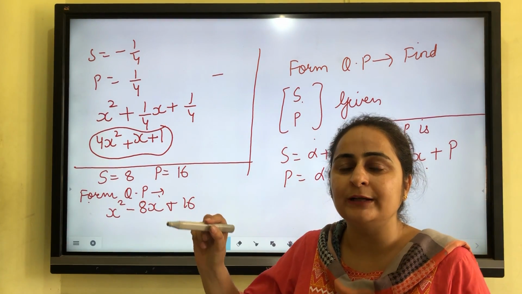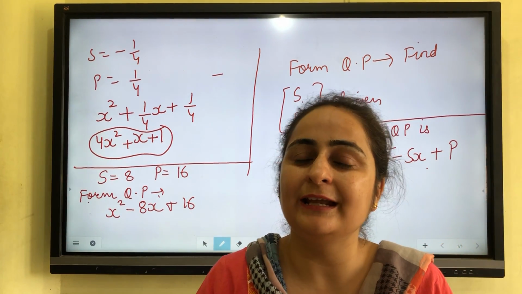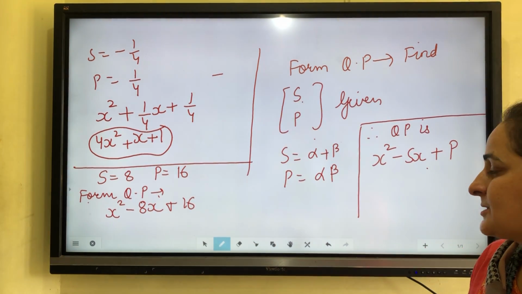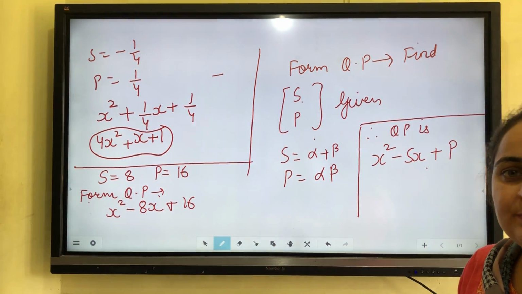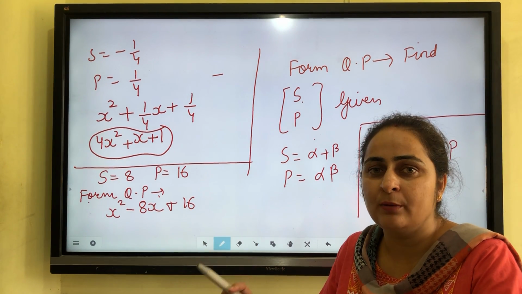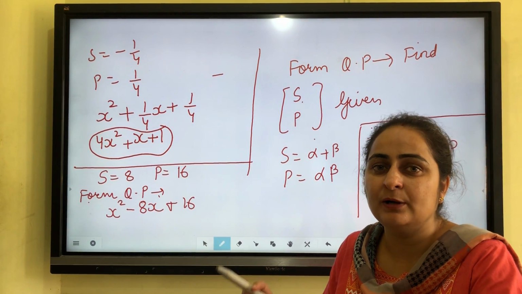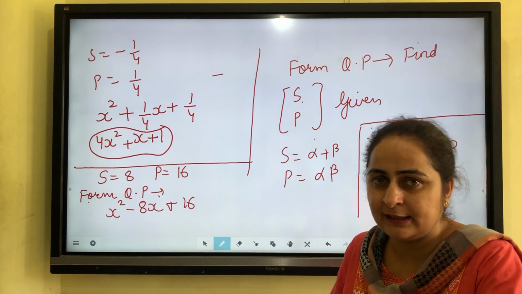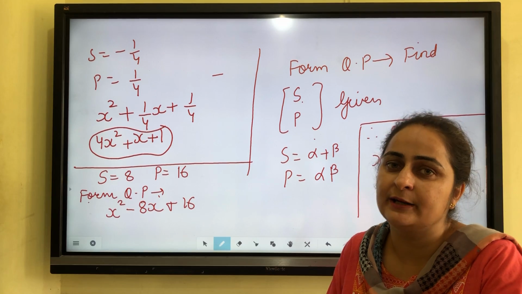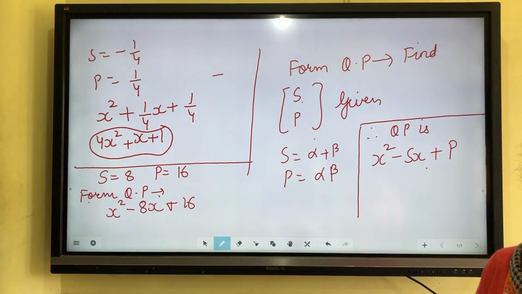You only have to take the LCM, but there is no need to write the denominator at the last step, because that denominator becomes equal to 0 when we equate the polynomial to find the zeros of the polynomial. That bracket may be equal to 0, therefore the denominator is automatically removed from there.